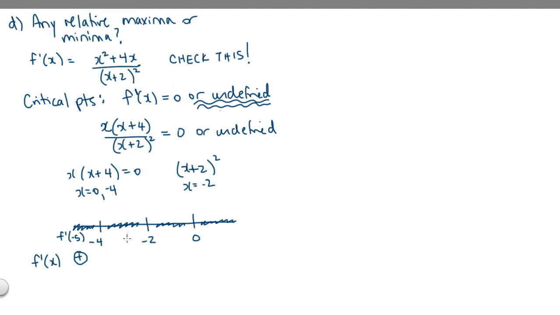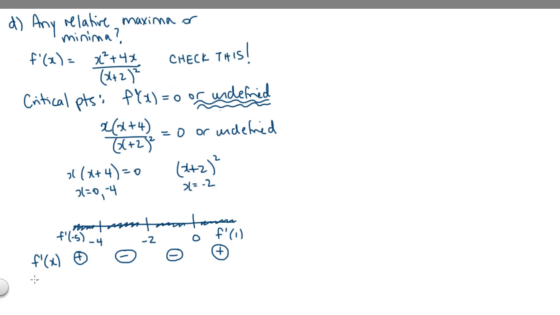Okay, so for our second interval, we could test, say, -3. You can check that you'll get a negative number if you plug that into our derivative. Maybe choose -1 for the third interval. Again, you'll get a negative value for the derivative. And in our last interval, you could try plugging in 1 or 2, any x value in this interval, and you will come up with a positive value for the derivative.